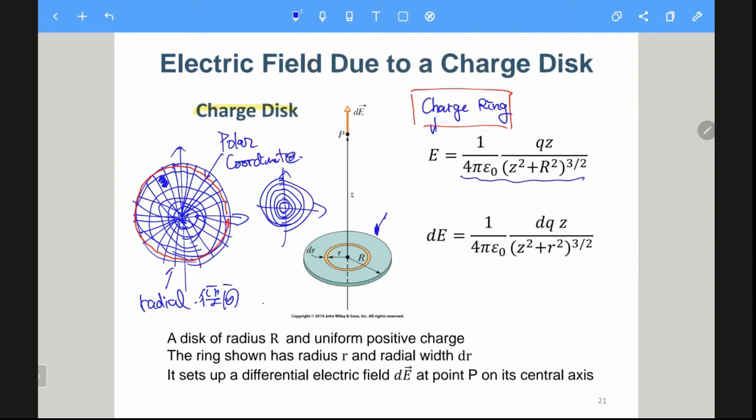So rather than writing it as E and Q, we change it to dQ due to this ring. And the E field generated by this ring is dE, not E, and then we try to integrate the E field generated by this kind of ring with a different radius from 0 to capital R. As long as we integrate them, then it forms a whole disk. The idea is like that.